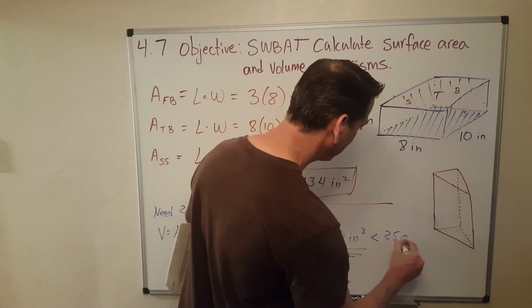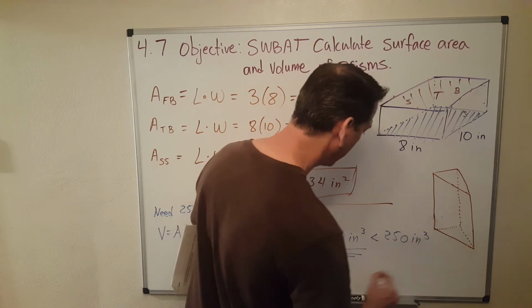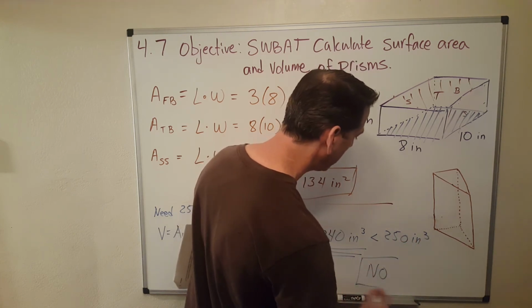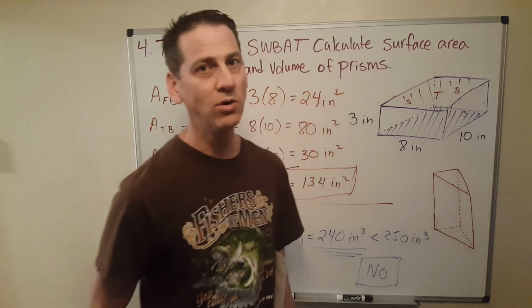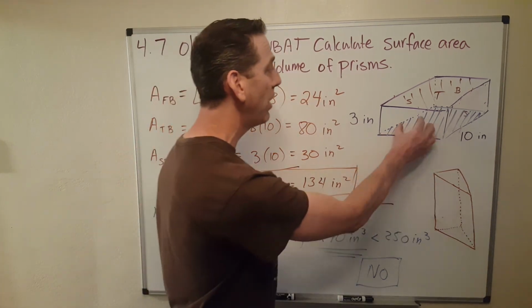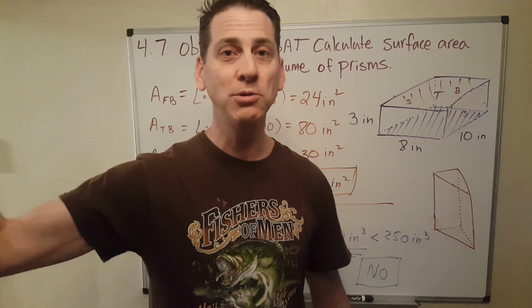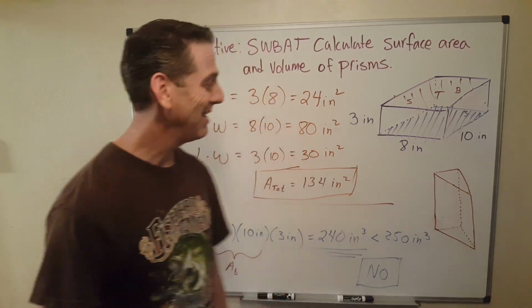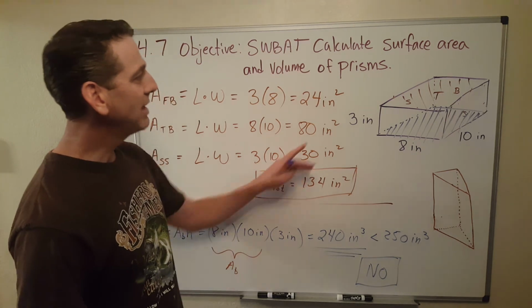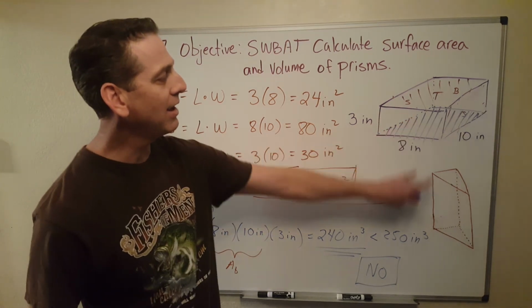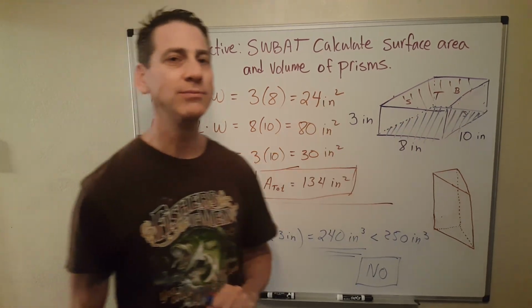So that is less than 250 cubic inches. So the answer is no. So you'll have to either get 2 of these boxes, or you'll have to get a bigger box, or you'll have to go down the street and shop elsewhere. All right? So that's it. That's how to find the surface area and the volume of prisms.